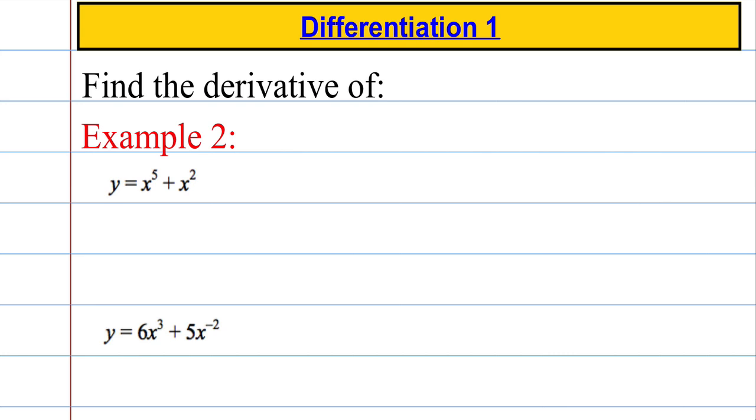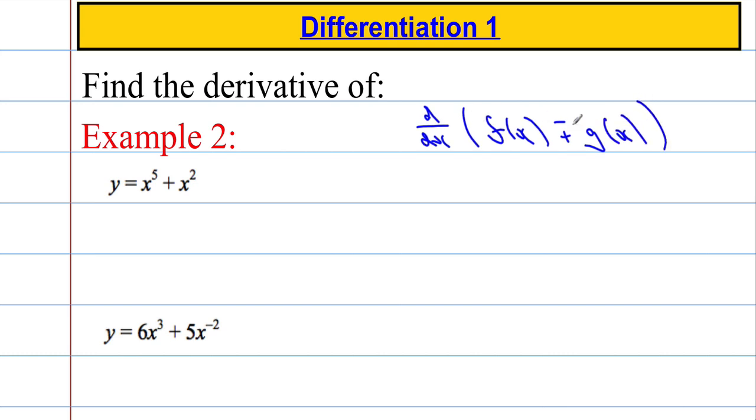So I need to find the derivative of y equals x to the power of 5 plus x squared. Now, just so you know, the derivative d by dx of the sum or difference of 2 or more functions.